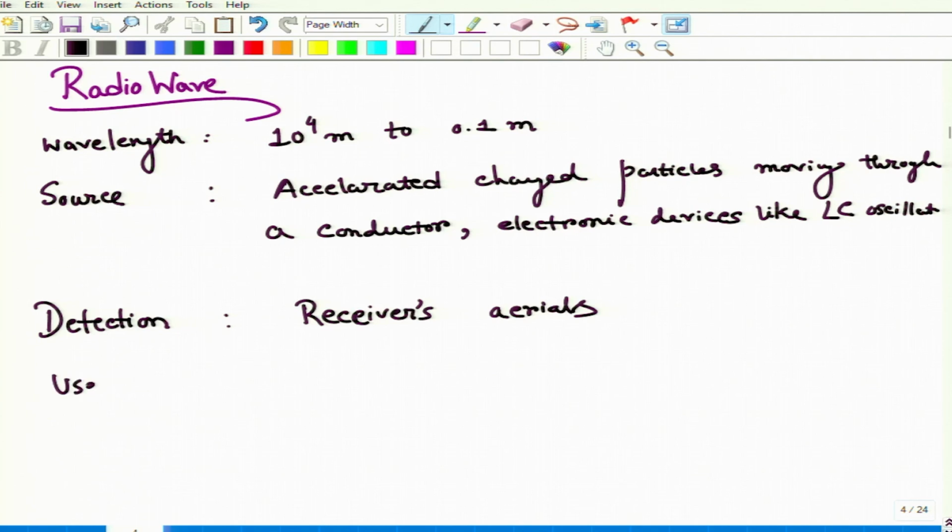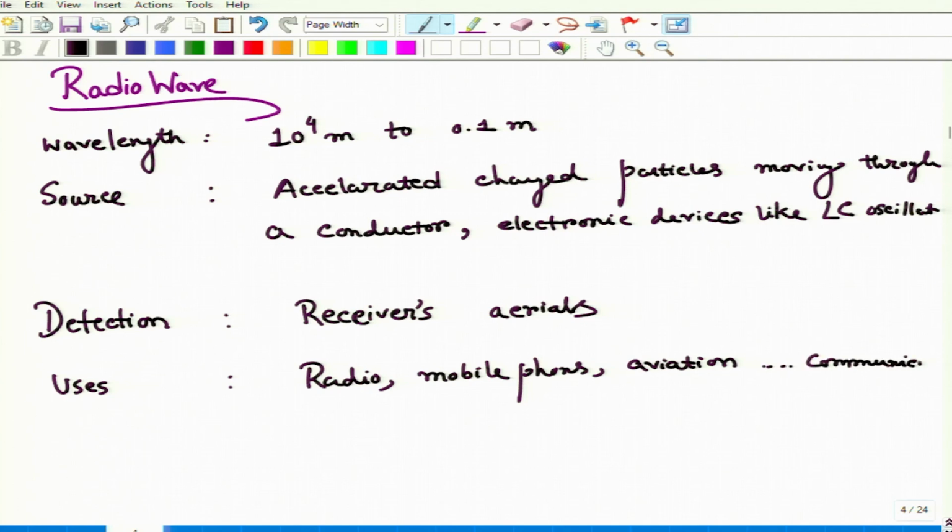And the uses of this electromagnetic wave, we know from the name radio, it is basically used in radio, mobile phones, aviation, and other communication devices. So these are the basic information for radio wave.